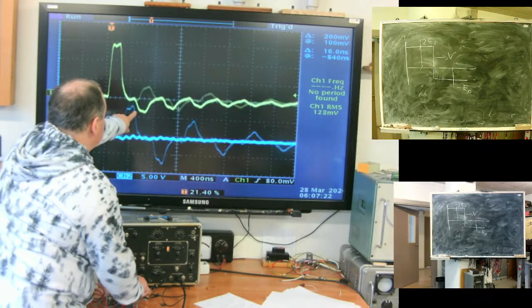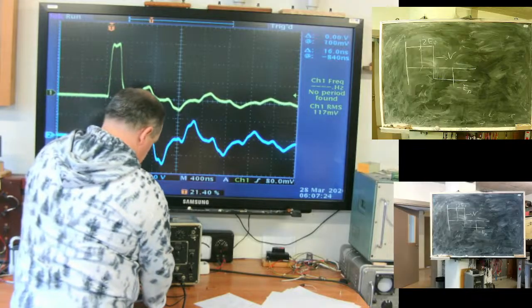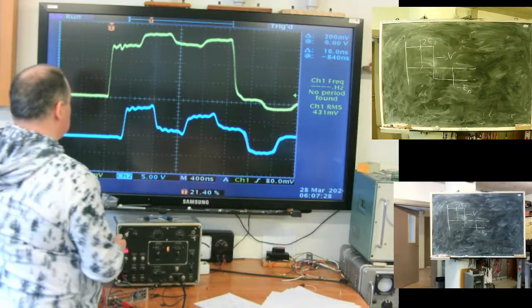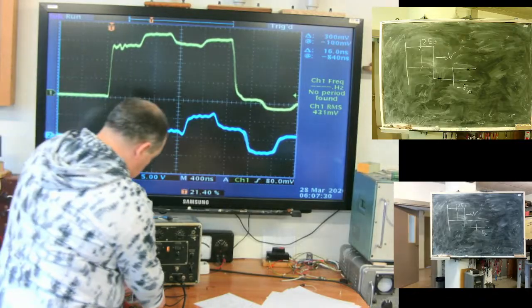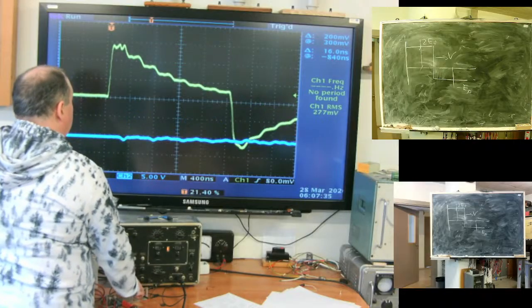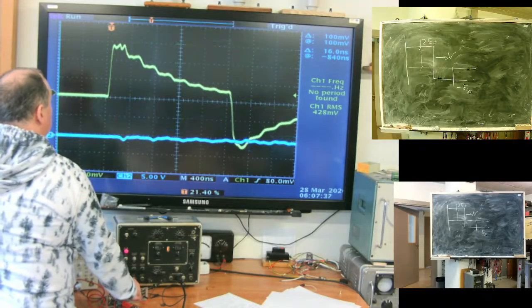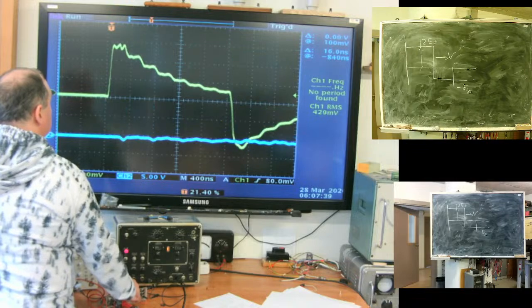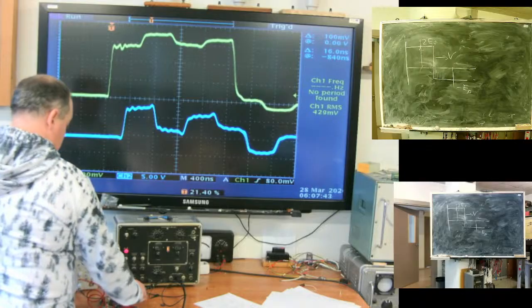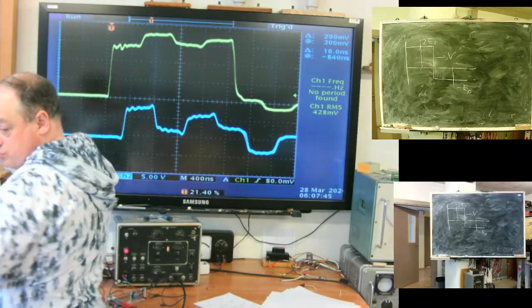Negative wave. This one, open line. Fold at 50%. So I can calculate the distance to the fold.